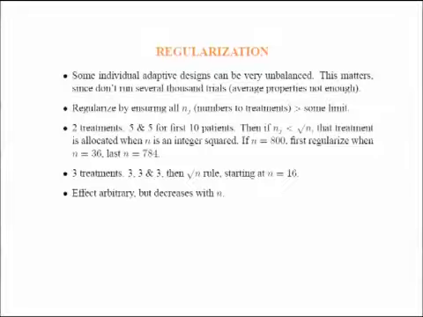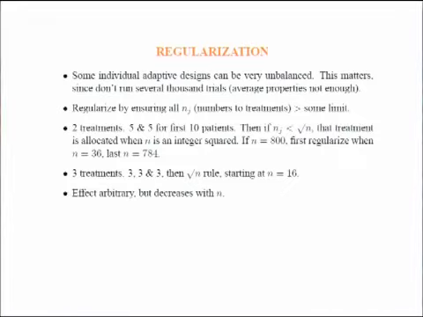What I've talked about are average properties. Well, that's not much use, really. They're a guide to what's going on, but average properties are not enough because the clinician runs one trial.